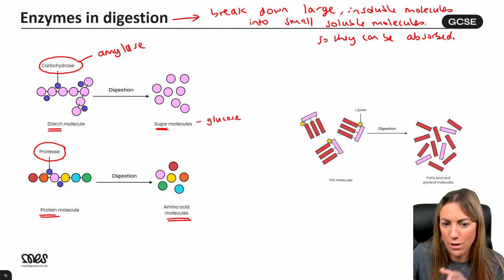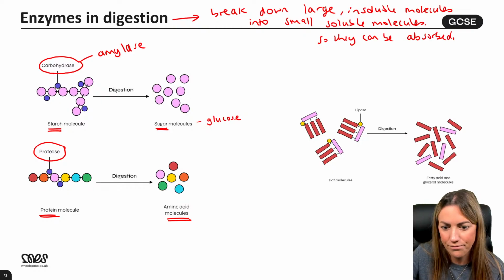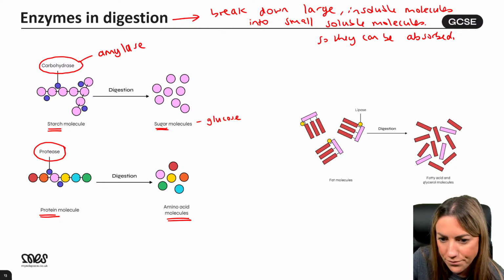It goes from starch to maltose, then glucose. But for AQA, we can just say it goes from starch to glucose. Fructose is a sugar found in fruits, which is very sweet, very, very sweet. So we often add it to foods because you don't need to use as much of it to get the very sweet taste. That's fructose.